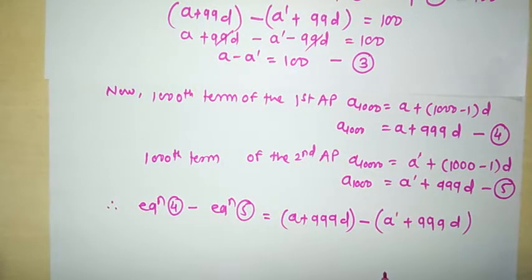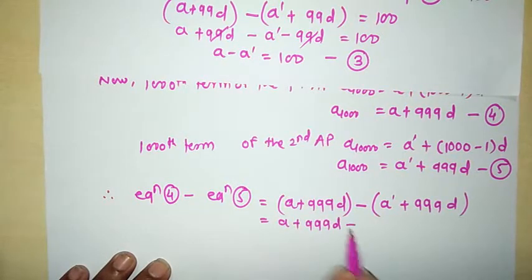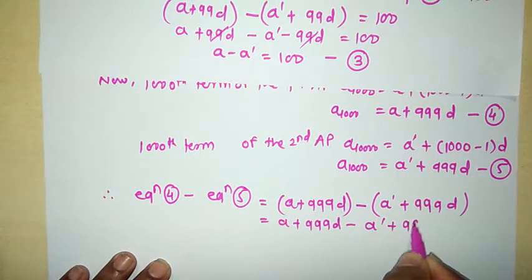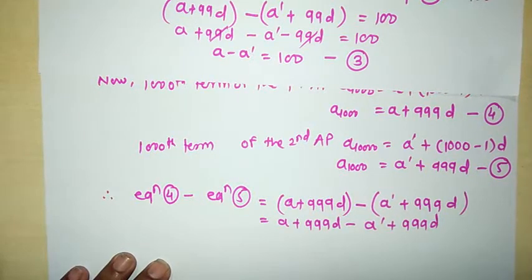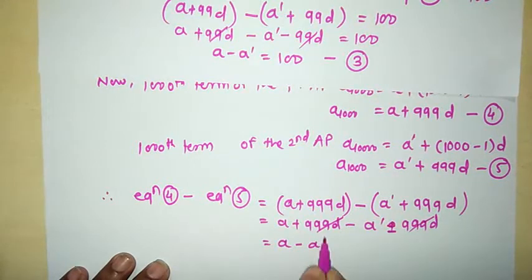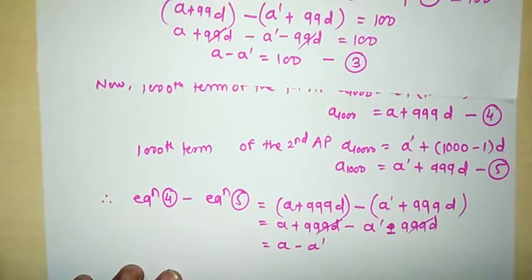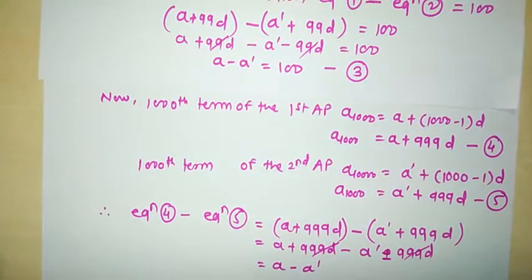Now we will open the bracket: a plus 999d minus a dash minus 999d. The sign becomes minus after opening the bracket. 999d minus 999d get cancelled. What will remain here? A minus a dash. We got equation 4 minus equation 5, that is the difference between the thousandth terms, is equal to a minus a dash.